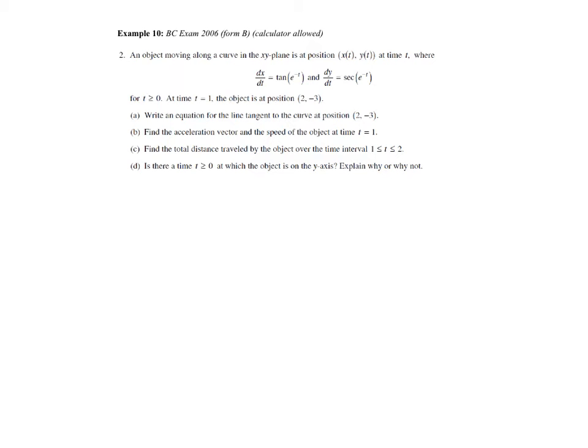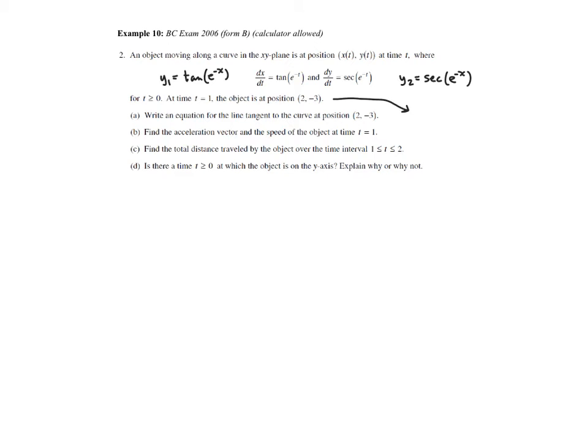So again, in my calculator, in y1, I'm going to plug in dx dt. So that'll be the tangent of e to the negative x. Of course, in function mode, I'm required to use an x instead of a t, but same difference. Y2 will be secant of e to the negative x. And this information is pretty important.